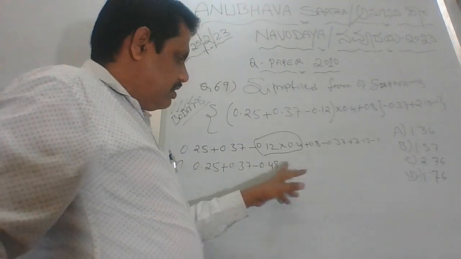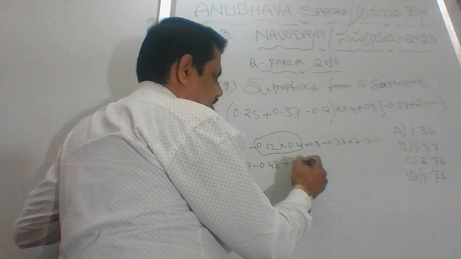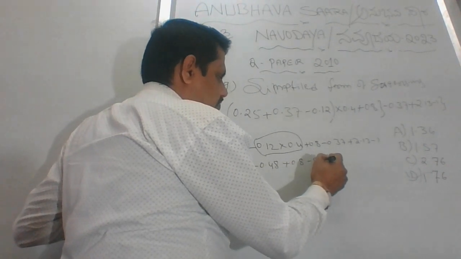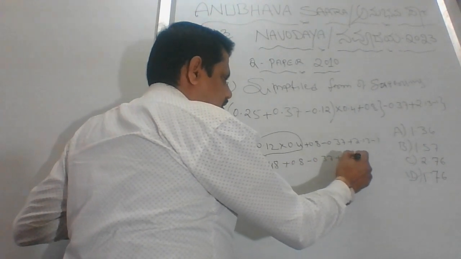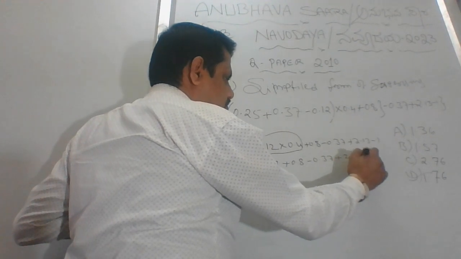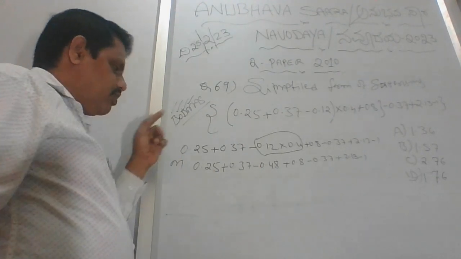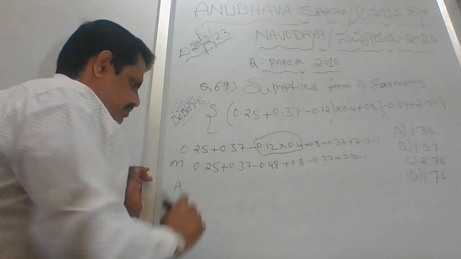Multiplication we have completed. Now we will follow the same thing. Plus 0.8 minus 0.37 plus 2.13 minus 1. Fine. So now we will go with the addition.